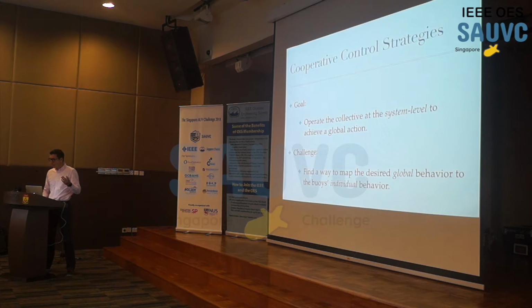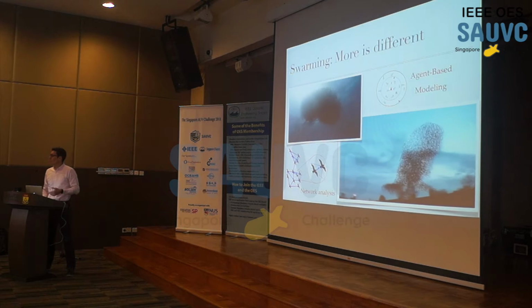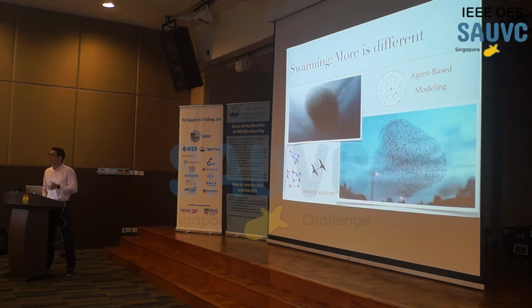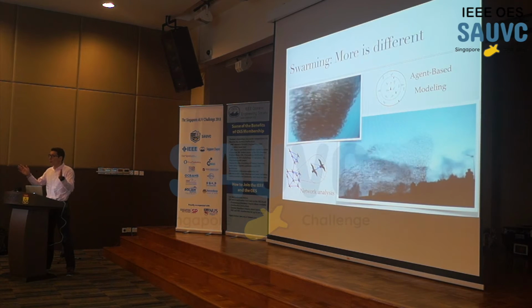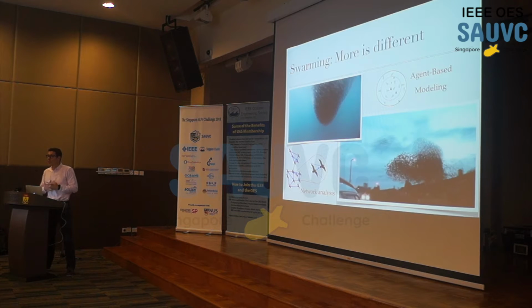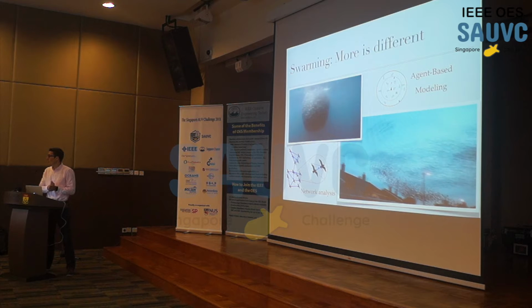So in order to do that, we have some control algorithm that we need to put into the system. We want to mimic what birds and fish are doing. And what we know from the animals is that, first of all, there is no leader. All of them only look at their nearest neighbors, and they perform some very basic operations. They perform alignment, so they try to go in the same direction as their neighbors.